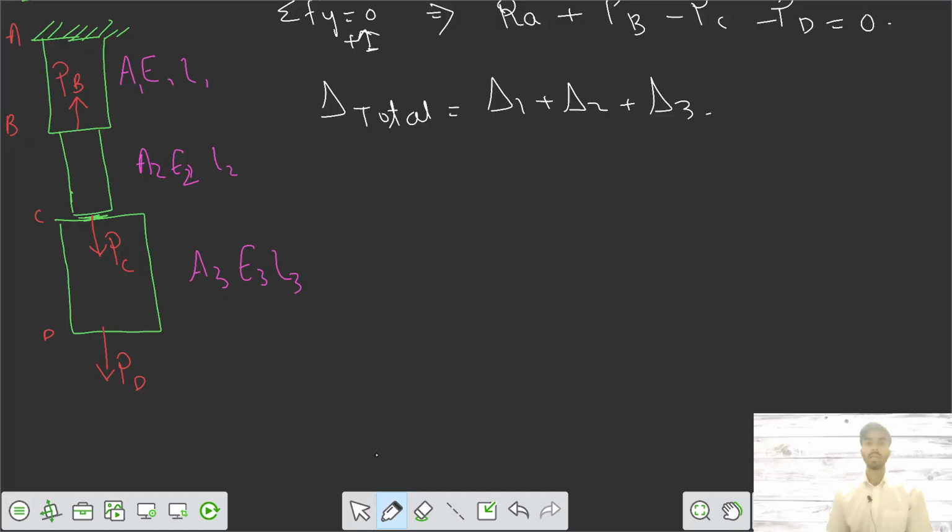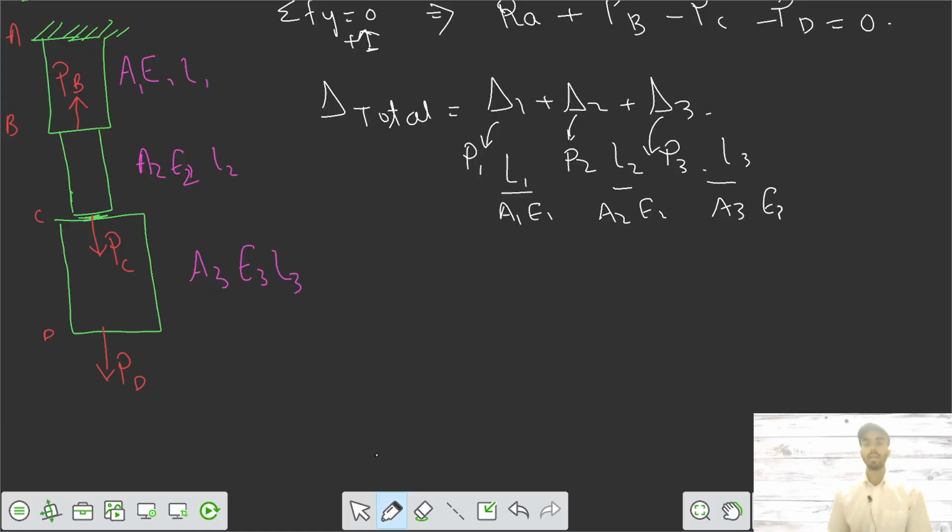Now we have to calculate delta 1. For that you need to get P1, and for that you need to get P2, and for this you need to get P3. Rest is your L1 by A1 E1, L2 by A2 E2, L3 by A3 E3. Then you do summation.